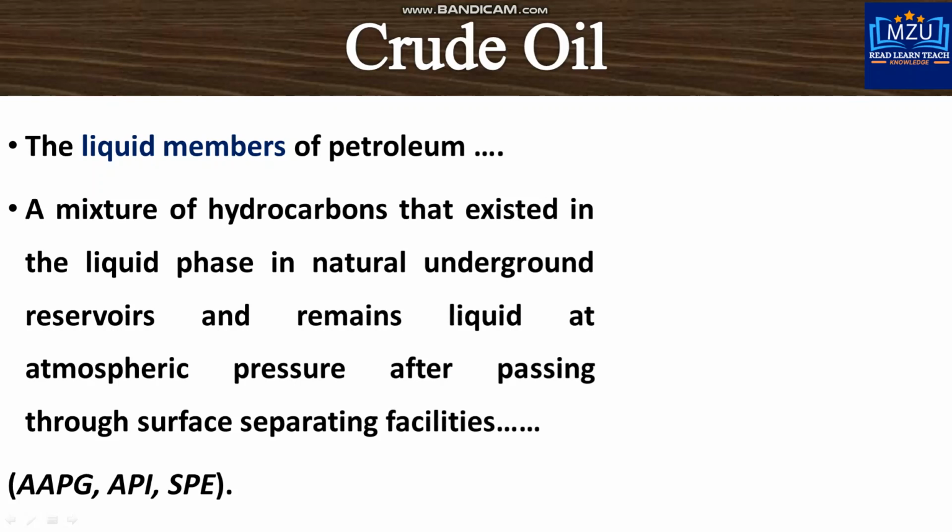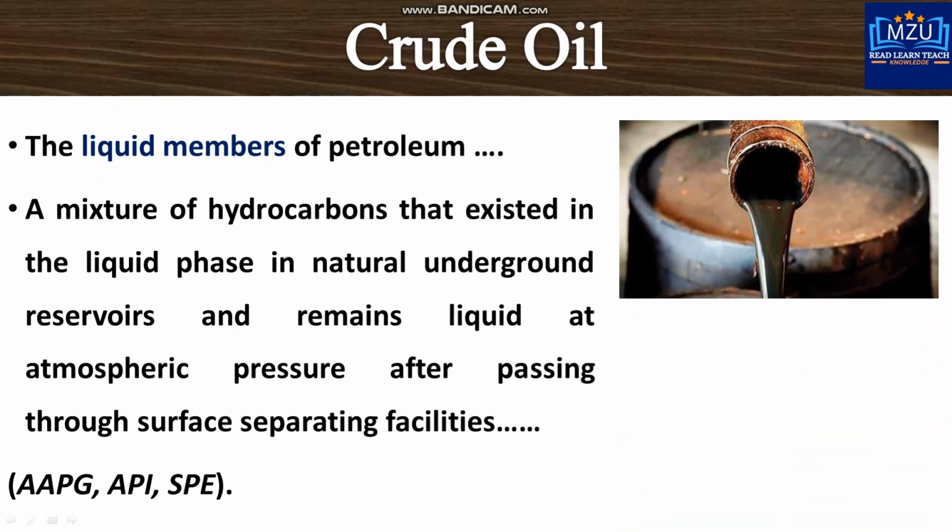By separating facilities, we mean that as petroleum is a mixture of various hydrocarbons or various compounds, they also contain natural gas. So that part or that mixture of hydrocarbons which remains liquid at atmospheric pressure after passing through surface separating facilities, such liquid members of petroleum can be termed as crude oil.